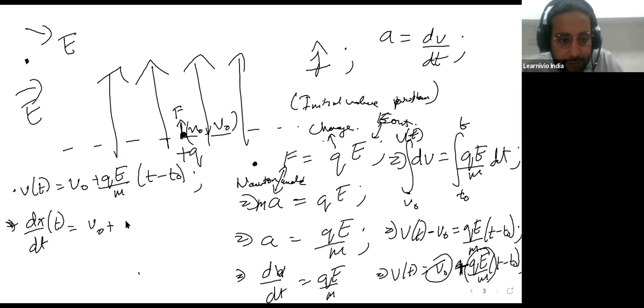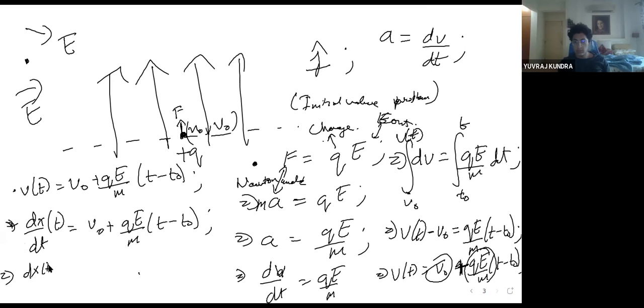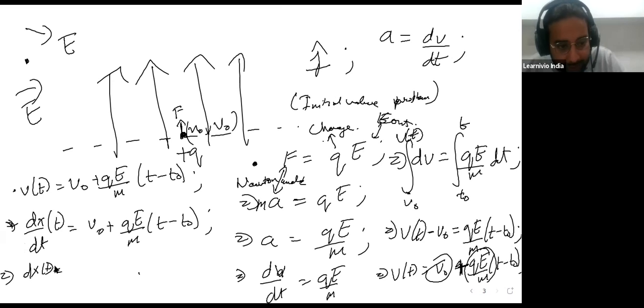Doing the exact same thing, taking the dt on the other side, you have the differential of x as a function of t is equal to (v naught plus qE over m times (t minus t naught)) dt.